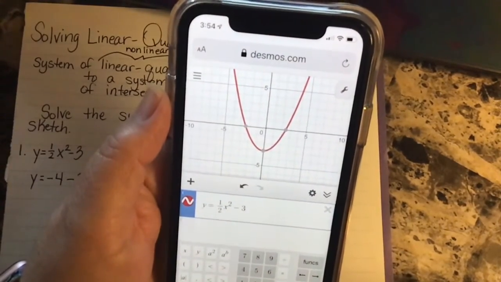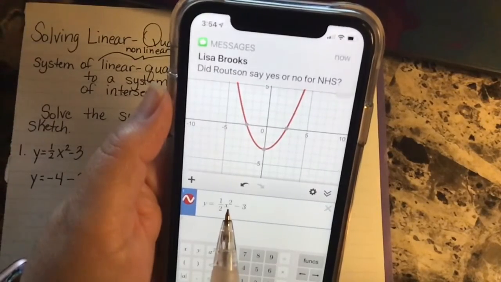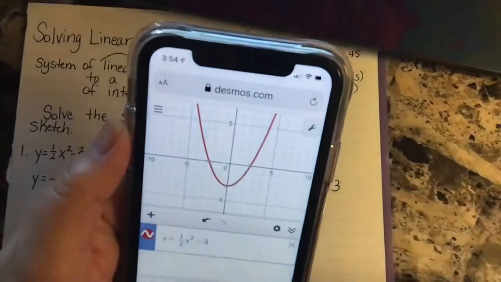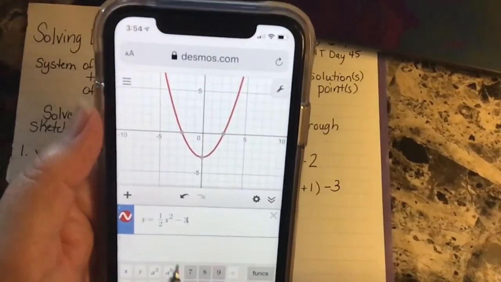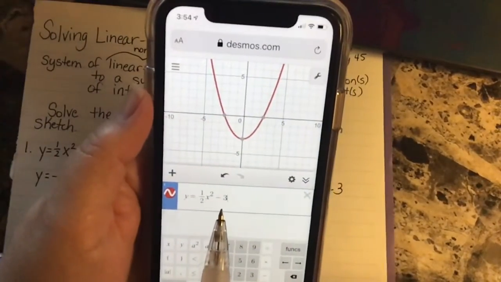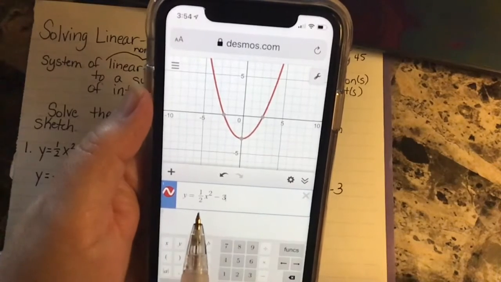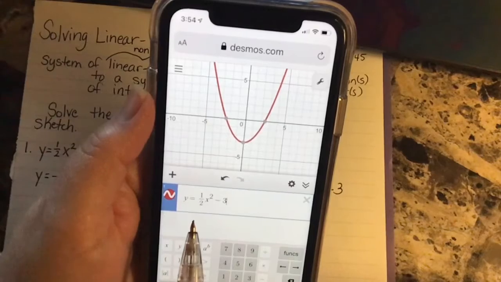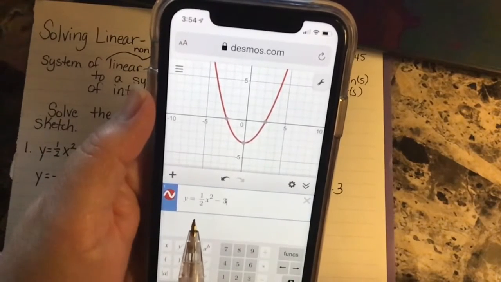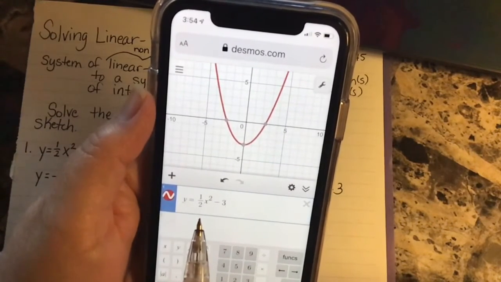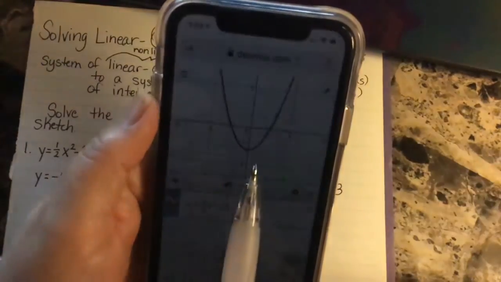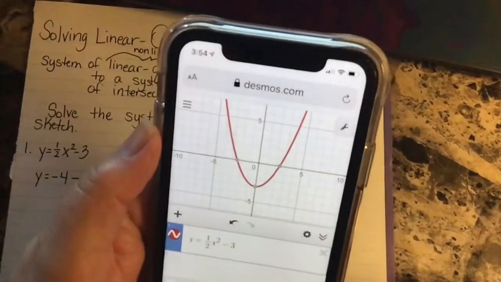And notice, remember with transformations, this is the parent function that is down 3 and is a horizontal stretch of 2. Okay, so there's my first equation graphed.